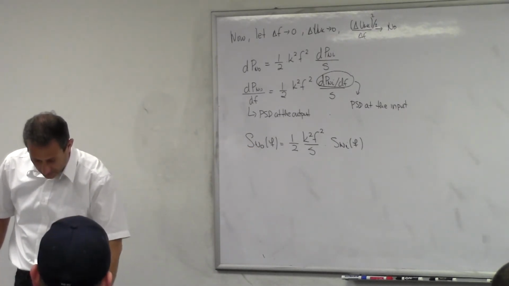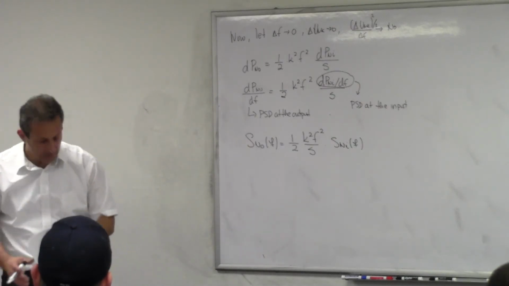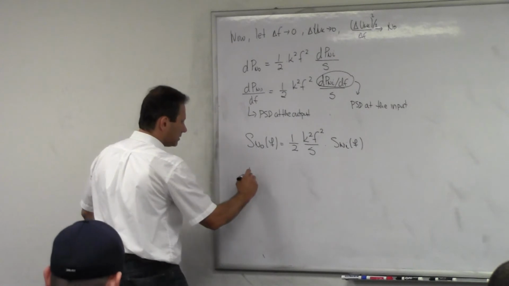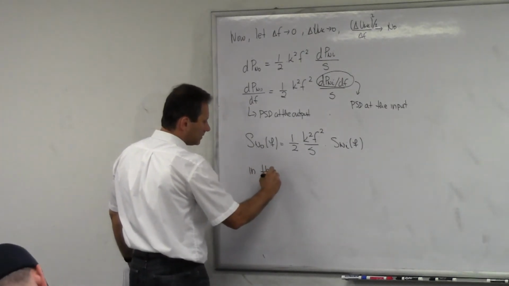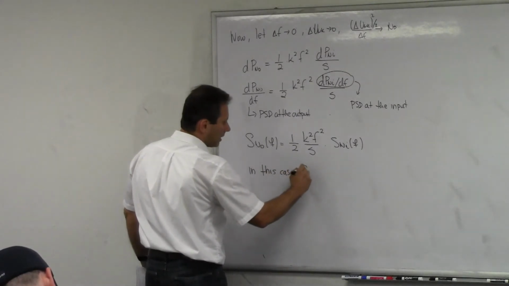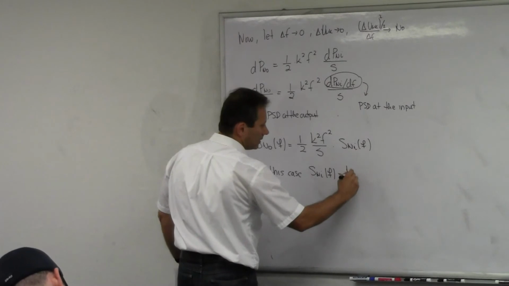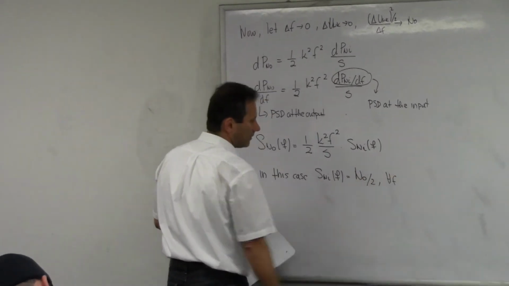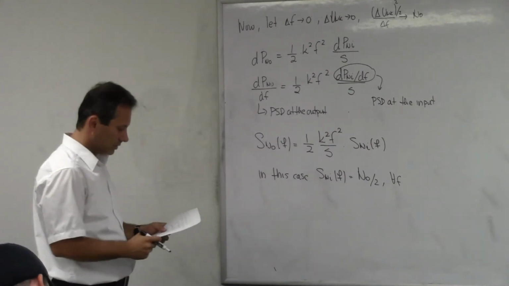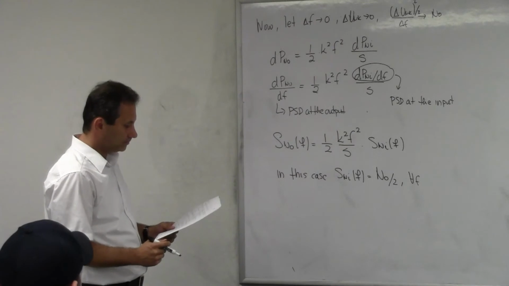I think I'll give a little drawing here. So in our case, let me just write the expression again. In this case, our Sn input of F is equal to N0 over 2 for every F, right? Or N0 if you want to look at it as a single side.